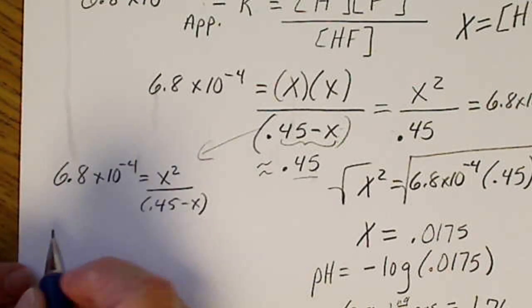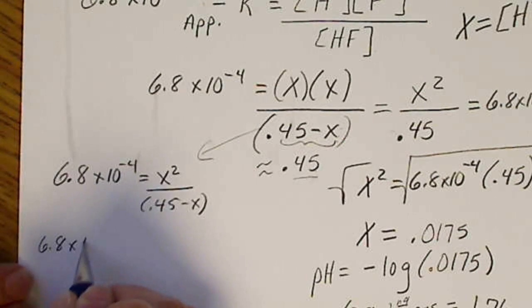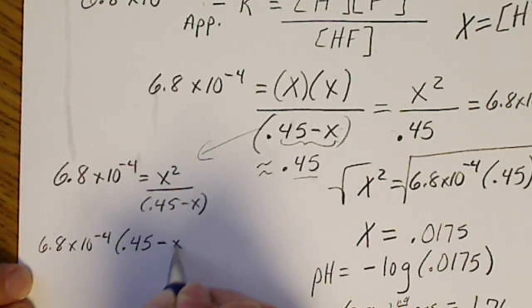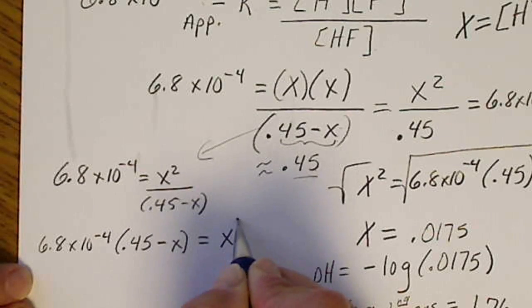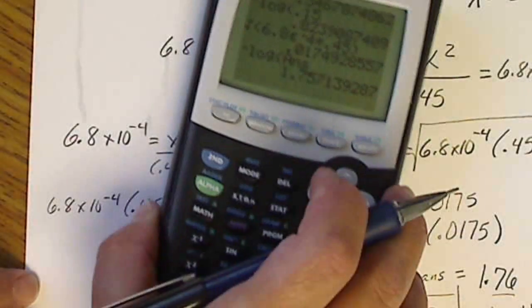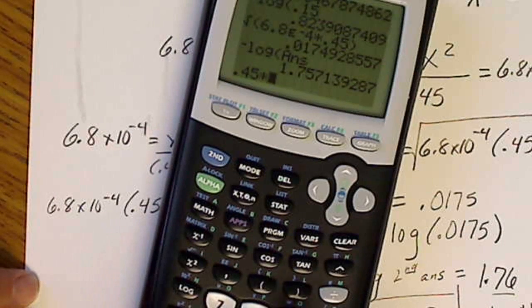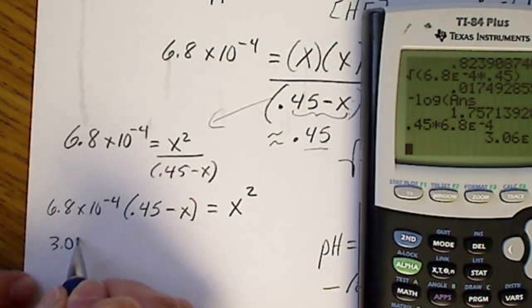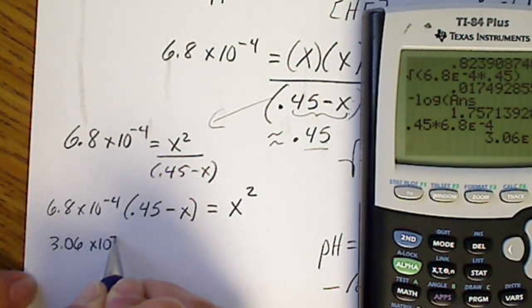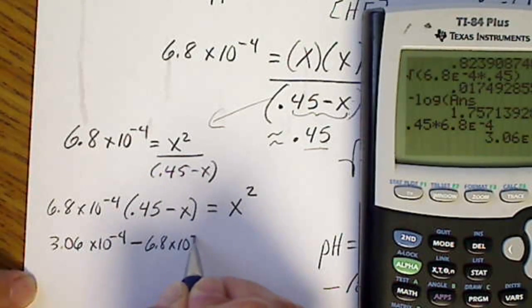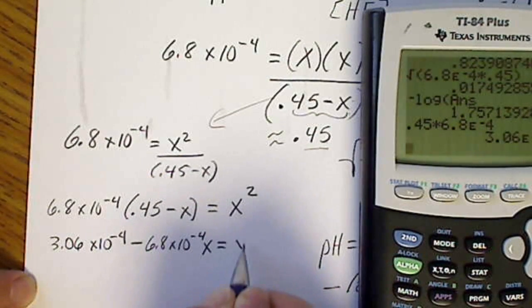So you would have to multiply the numerator over here by this and distribute, and probably use the quadratic formula, which I hope I have plugged into my calculator. So 0.45 times 6.8 EE negative 4. So this first number is 3.06 times 10 to the negative 4th, and that's going to be minus 6.8 times 10 to the negative 4th x equals x squared.